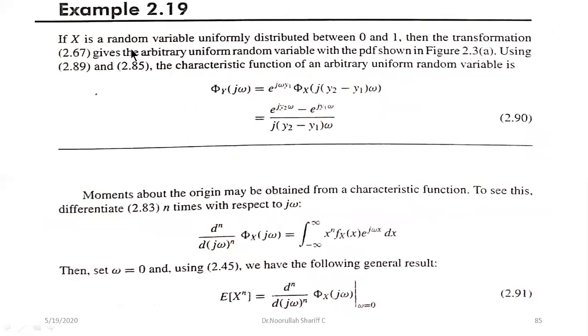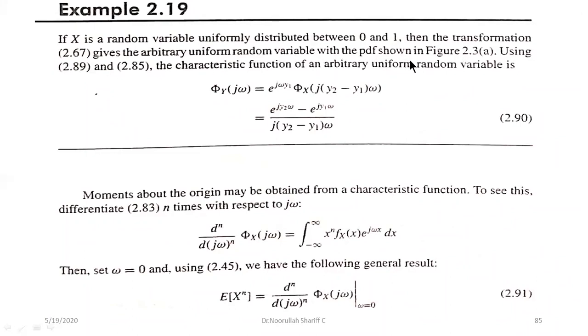The next example is: if x is a random variable uniformly distributed between 0 and 1, then the transformation 2.67 gives the arbitrary uniform random variable with the PDF shown in the figure 2.3a.